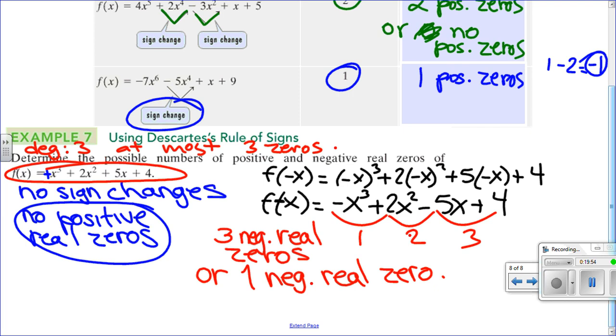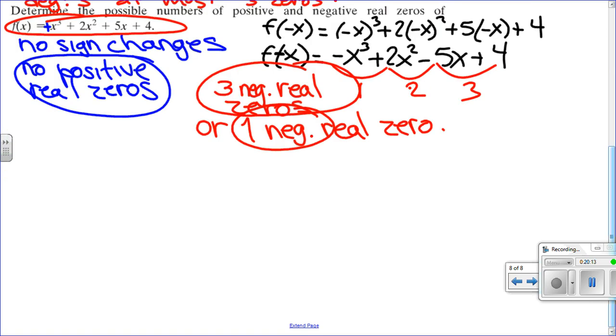So it's either we have 3 independent negative real zeros, or we might have the same negative real zero, perhaps it is repeating. Or maybe we have some other zeros that are not even real. So I'm just going to solve that. We don't have to based on the question, but I'm going to solve it.